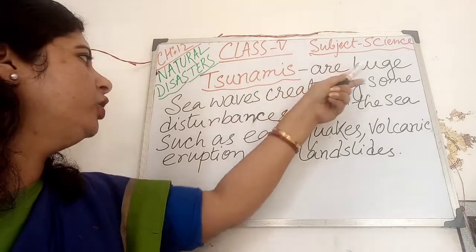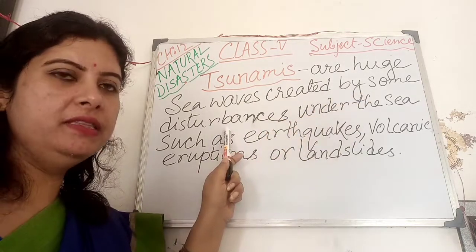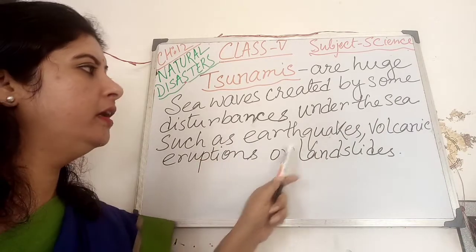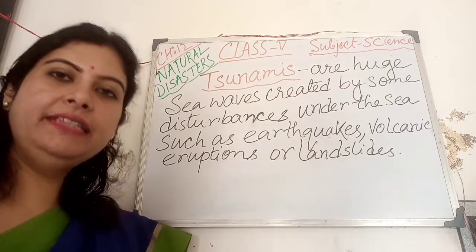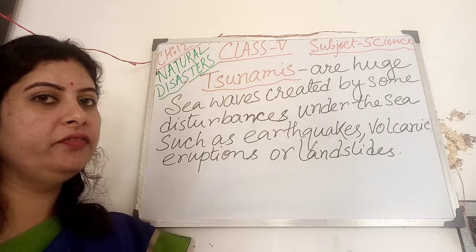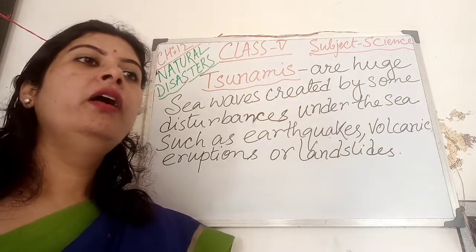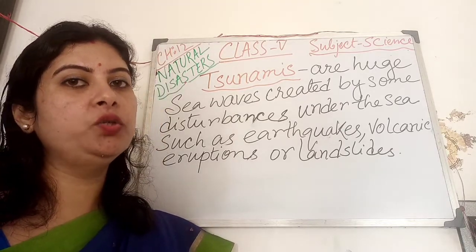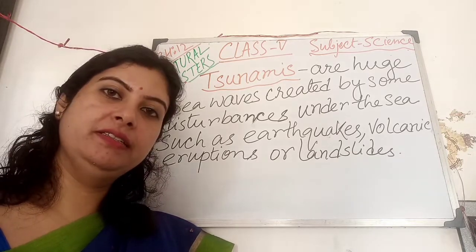Tsunamis are huge sea waves created by some disturbance under the sea such as earthquakes, volcanic eruptions or landslides. In deep water, a tsunami travels without any significant change, but when it reaches the shallow water of the coastal areas, it rears up into waves as high as 50 meters.